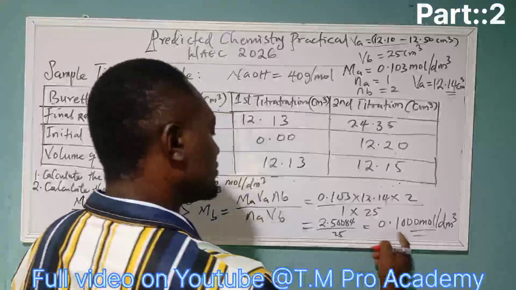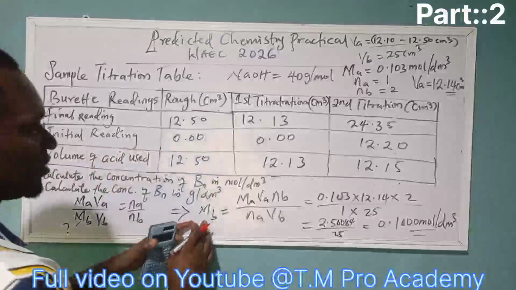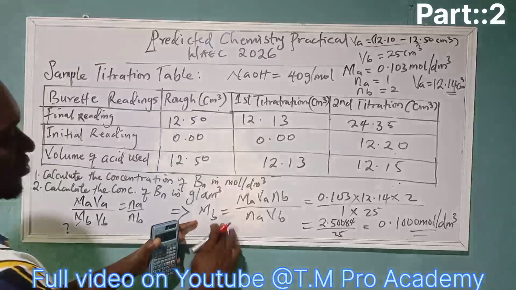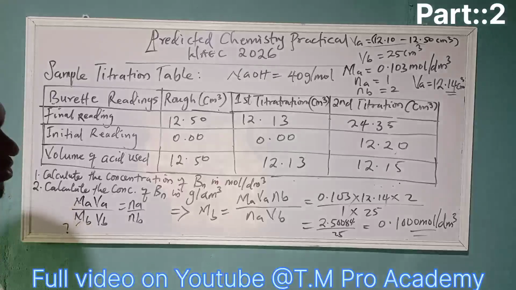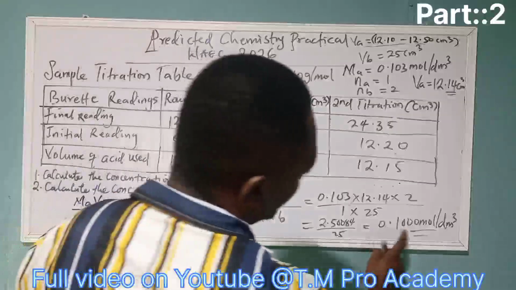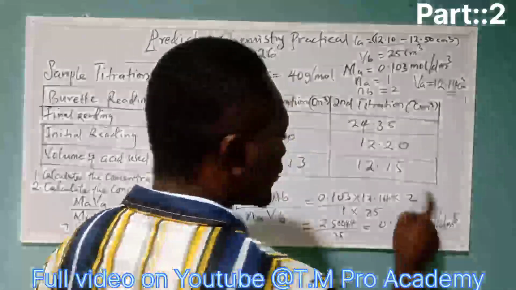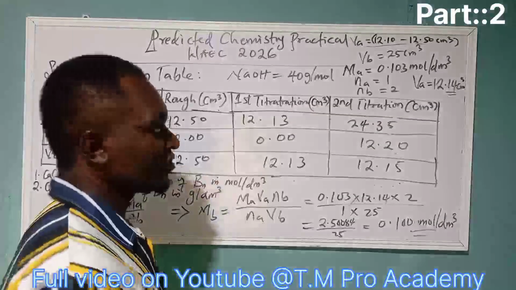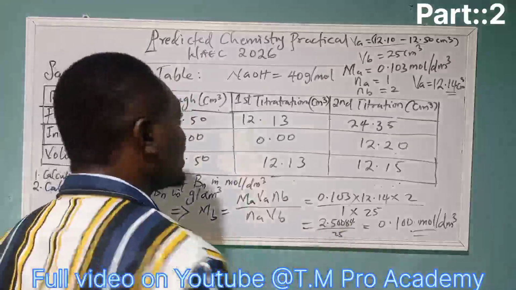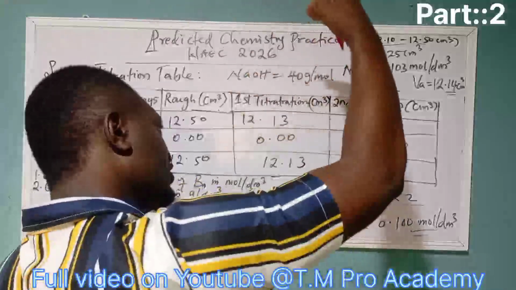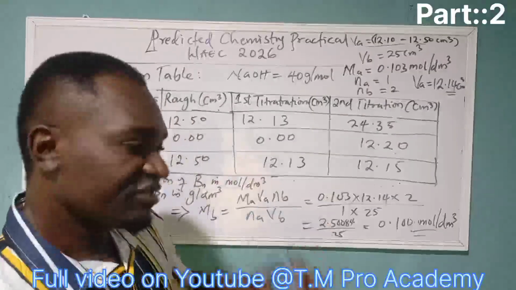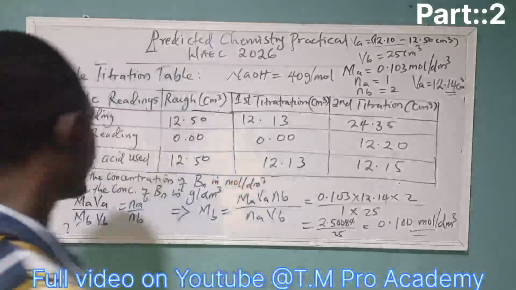So the mole concentration of the base is 0.100. So if you remember in our previous calculation, we also got this value, 0.100. So everything is corresponding. That means from the other side, you can walk down to this side, while from this side, you can also walk down that side.